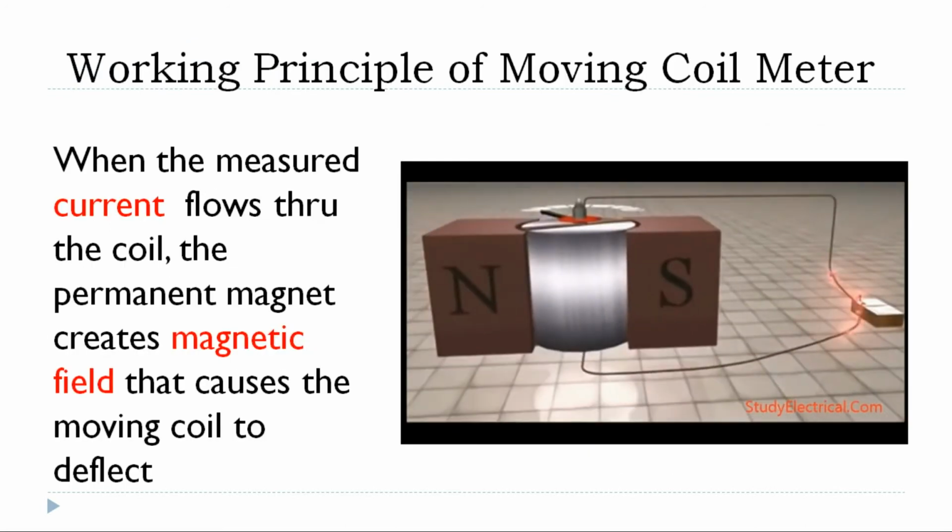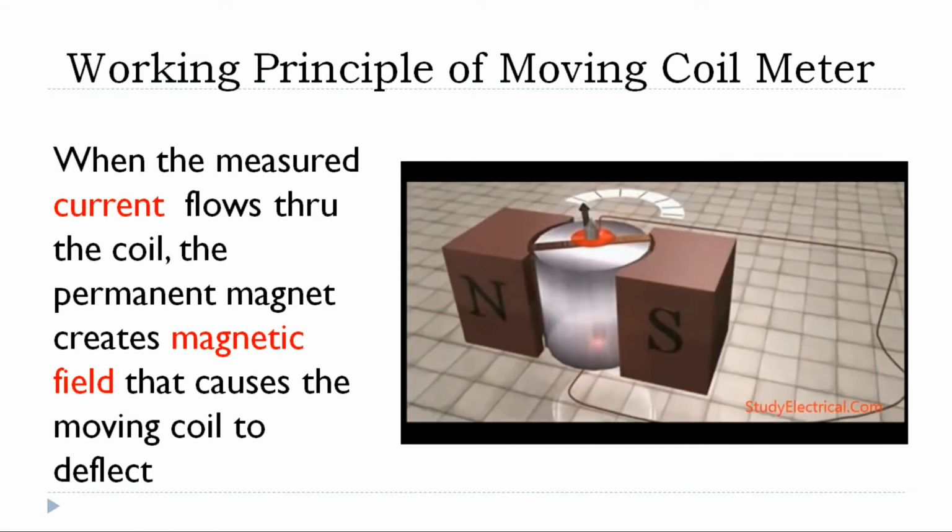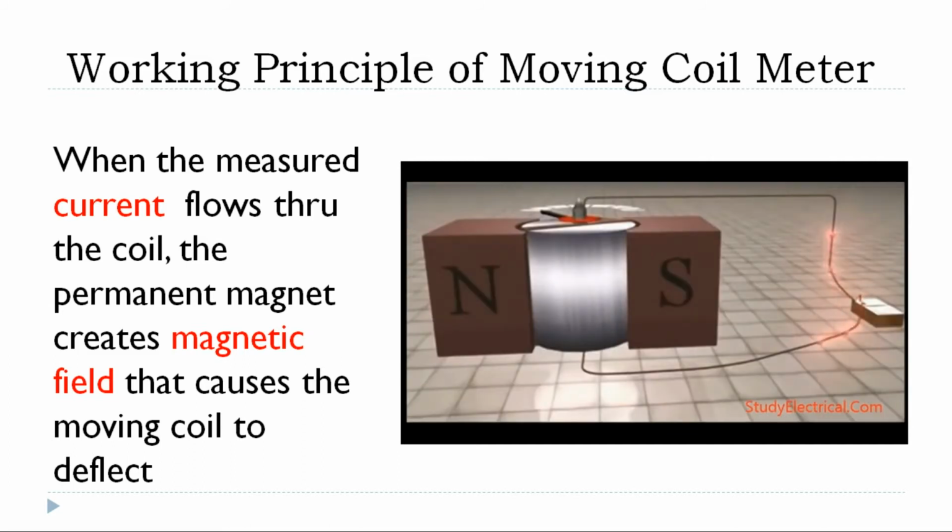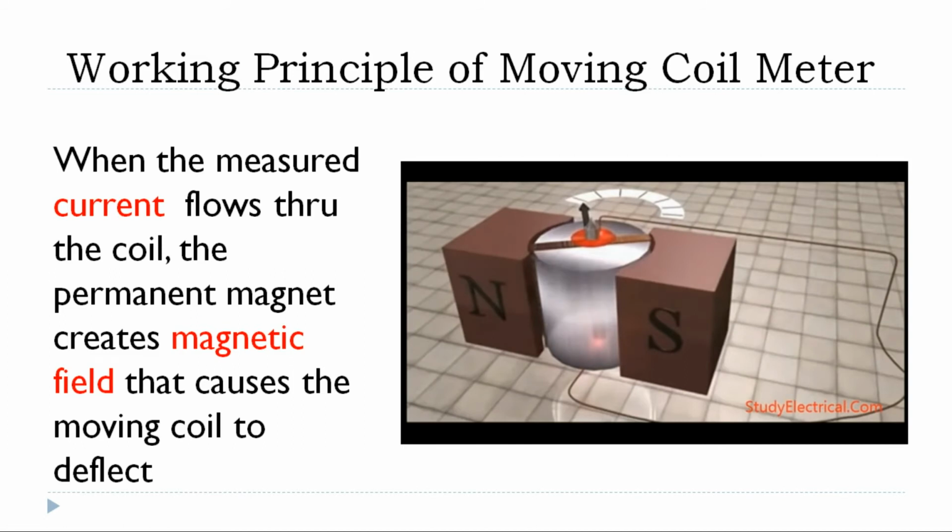So, working principle of a moving coil meter. When the current flows, it goes to the permanent magnet, and the permanent magnet creates a magnetic field, the magnetic flux lines that you see. Of course, the higher the current that flows, the more magnetic field is produced, and the larger the deflection of the pointer. So the current flowing is directly proportional to the magnetic field produced by the permanent magnet.